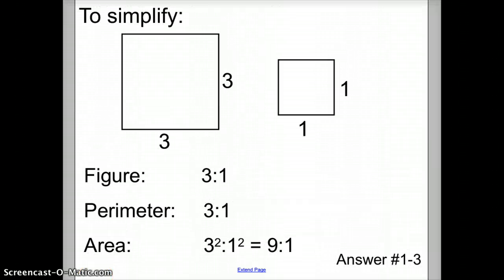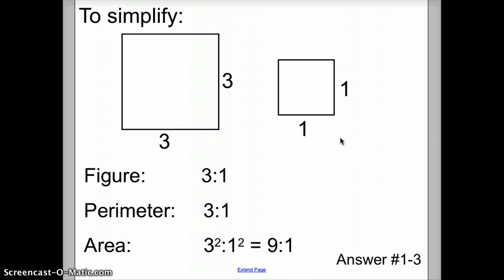All right, just to make it a little simpler for you, I took a square here. And the square has labels of 3 and 1. Obviously, squares are always similar because their sides are always the same length. So if the figure's ratio is 3 to 1, both sides are 3 to 1. If the perimeters are both 3 to 1, for instance, 3 times 4 is 12, 12 to 4 would be 3 to 1.